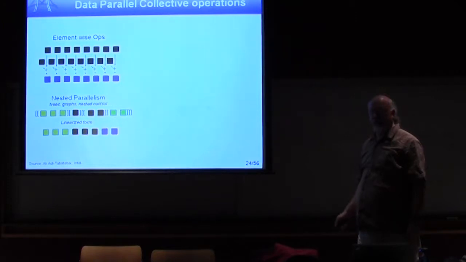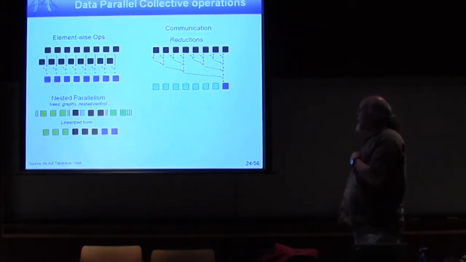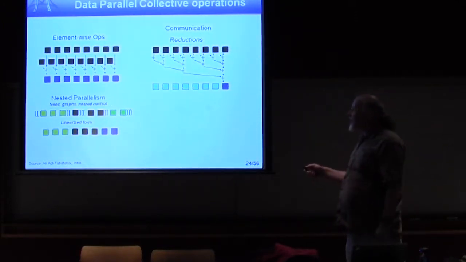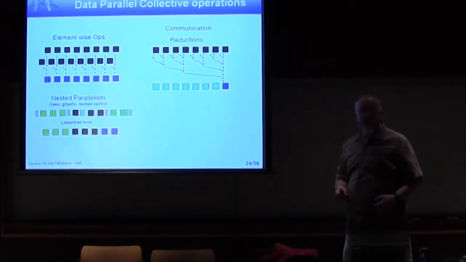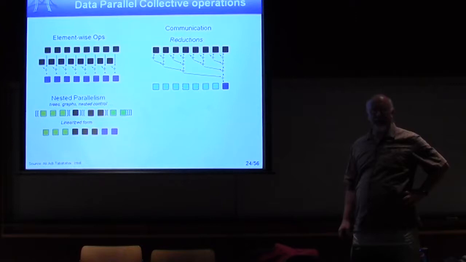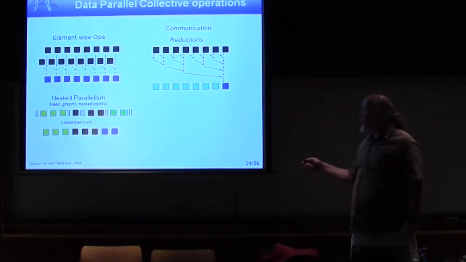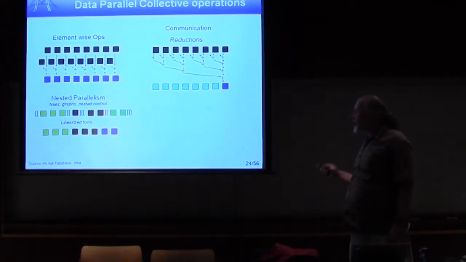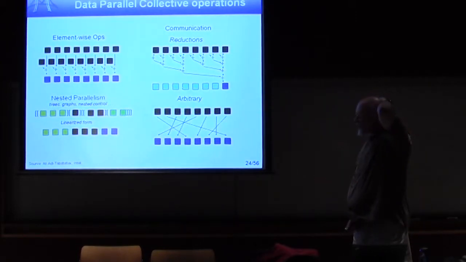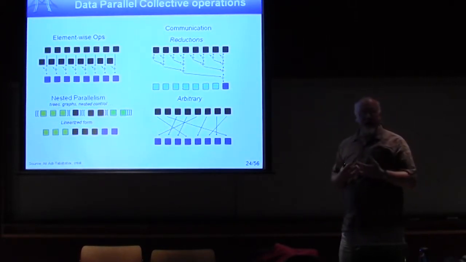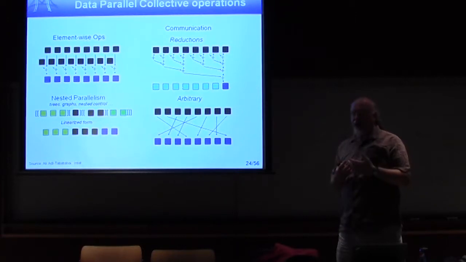Okay? Then oftentimes, once we do something like this, we have to reduce it all down to one value, like a maximum or a sum of all. This could be a plus, or this could be a max operator. Alternatively, we can be doing data shuffling, which is still a kind of data parallelism.